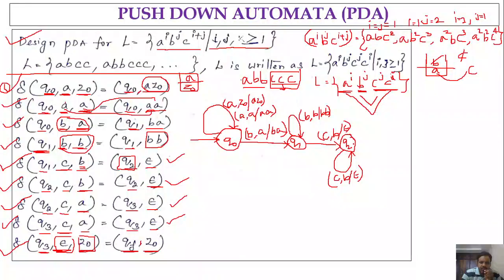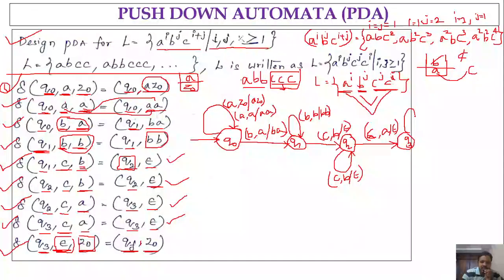So in q2, if you get c as an input, and top of the stack is a, then you go to the state q3, and you are not going to push anything because we are popping out a with respect to the occurrence of c.